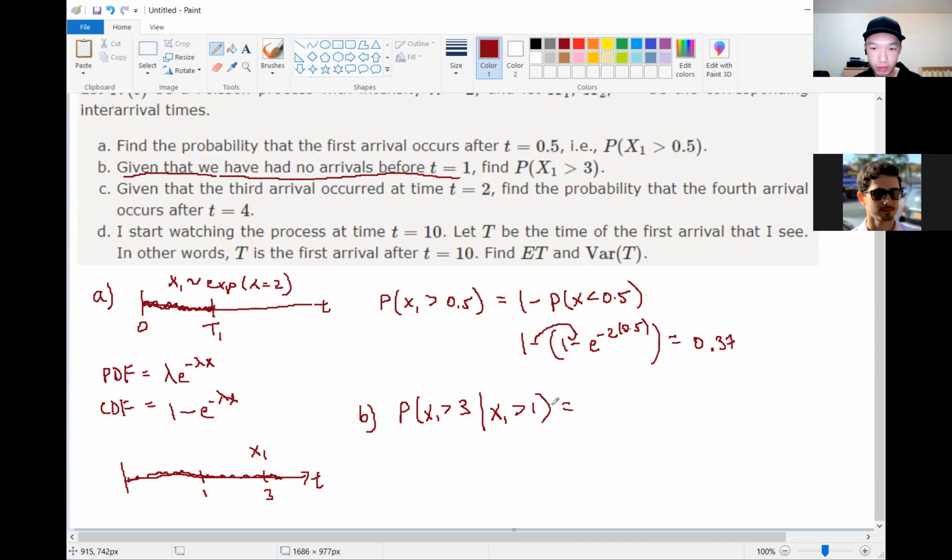What we can do stems from the fact that we're dealing with exponential distributions. I don't know if you guys recall, but there was a special property for exponential distributions called the memoryless property. Does that ring a bell? Do you guys remember what the memoryless property stated?